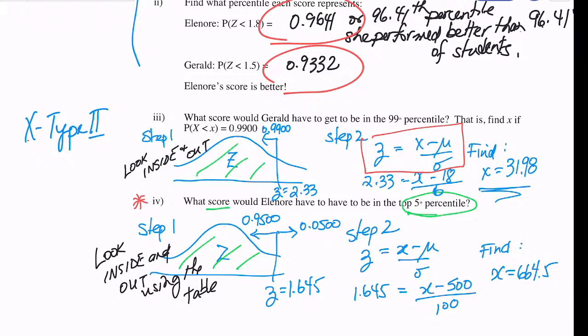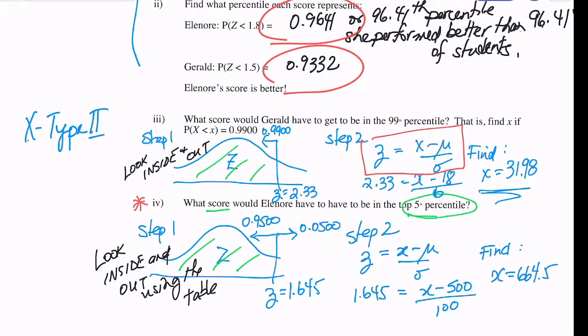Professor, why don't you take, for example, the 15 instead of 500 over 100, and why did you take like 15 over 6, for example, x minus 15 over 6? No. Where are you getting 15? Where do you get 15 from? Like as you did for the same example for Gerald, like z equal x minus mu under distribution.